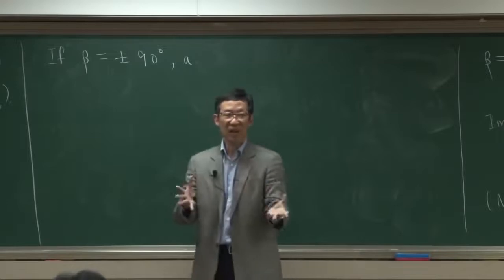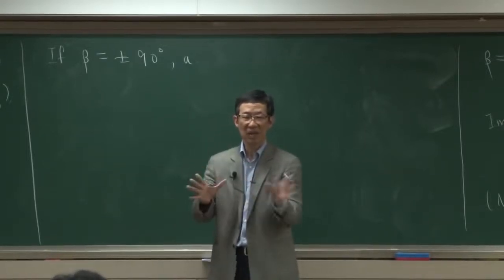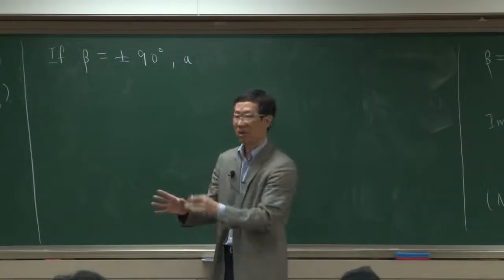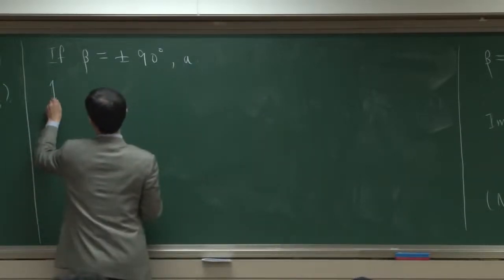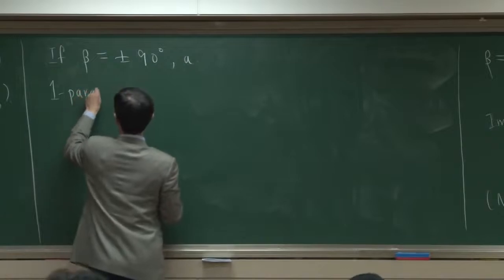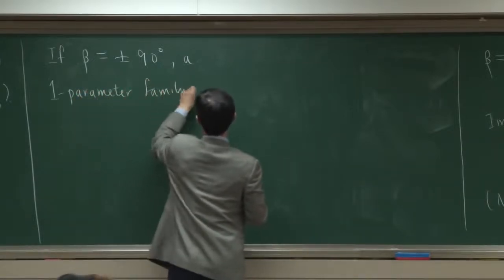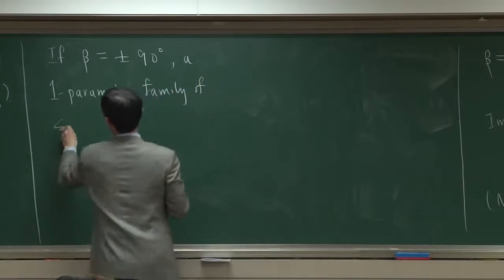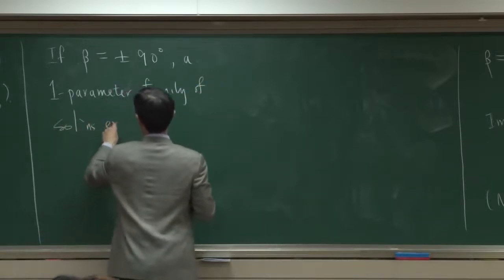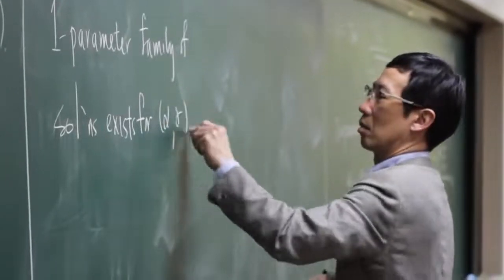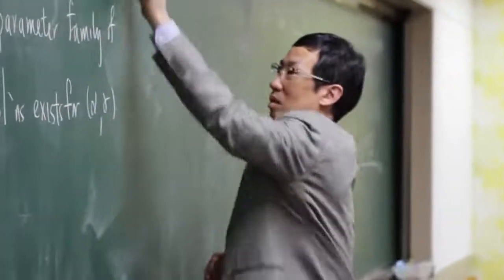So when we find alpha and gamma, we can't find alpha and gamma uniquely. There is a one-parameter family of solutions. We kind of saw why.